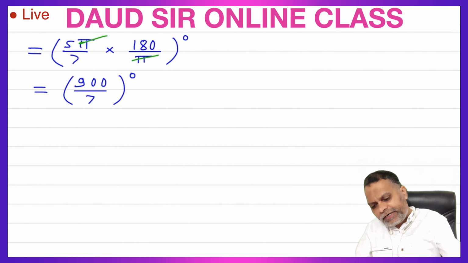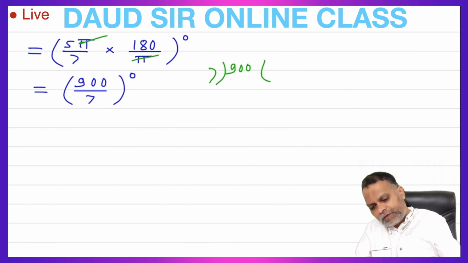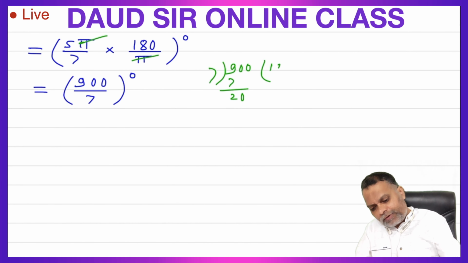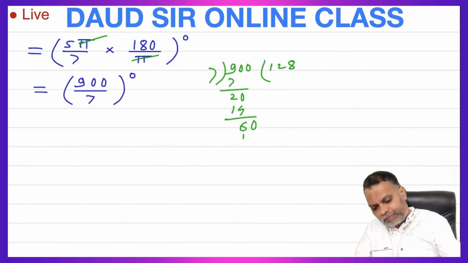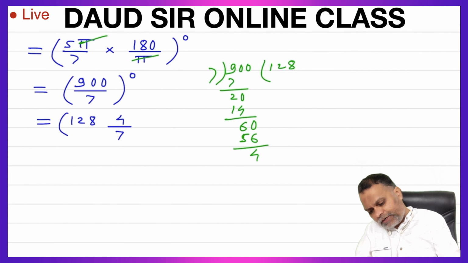So divide this 900 by 7. 7 1s are 7, 2, 0, 7 2s are 14, 6, 0, 7 8s are 56. The remainder is 4. So we can write this as 128 and 4 upon 7 degrees.